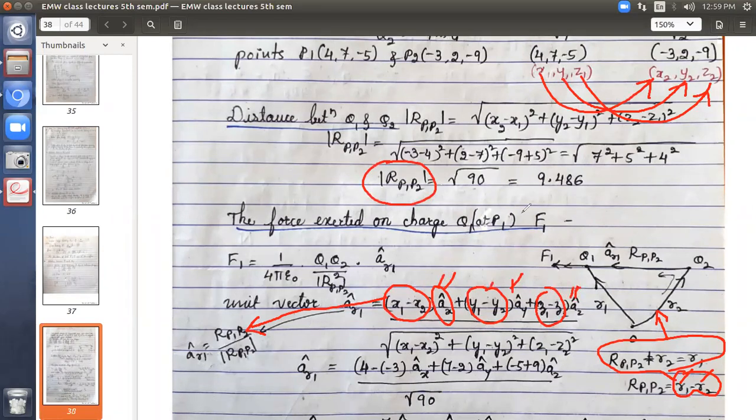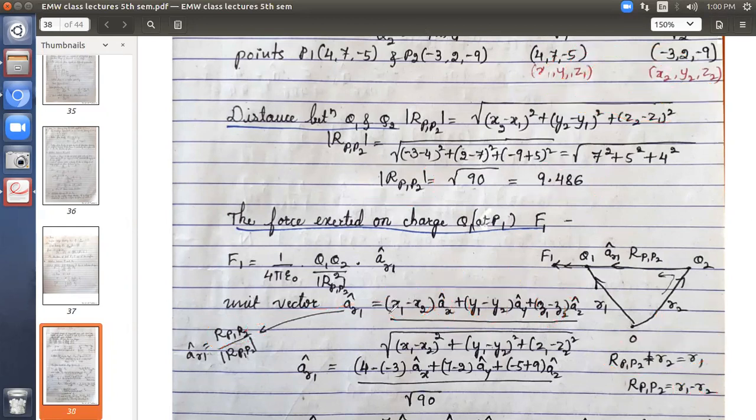You can't say 9.486 is a vector. It is not. It is the magnitude of the distance between the two charges. But the position vector is given by subtracting the coordinates of x, y and z and keeping those in ax, ay and az directions. That will give you the position vector numerator.